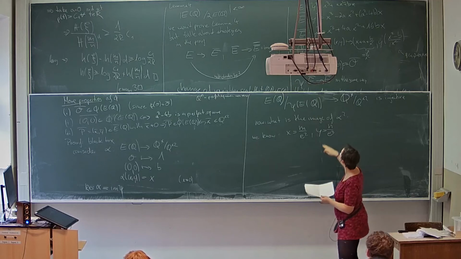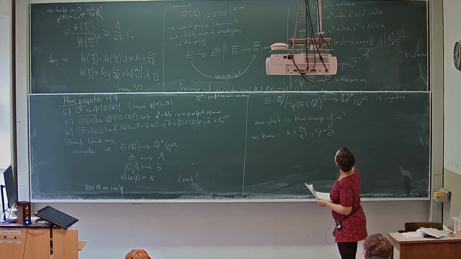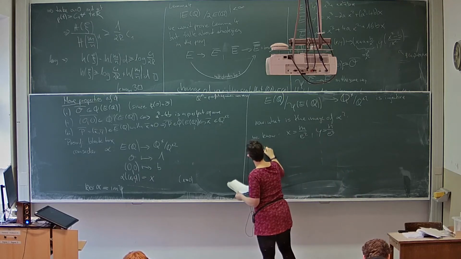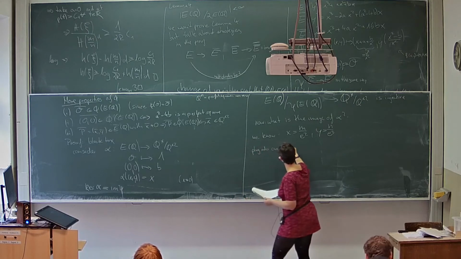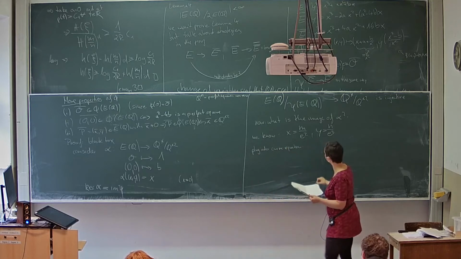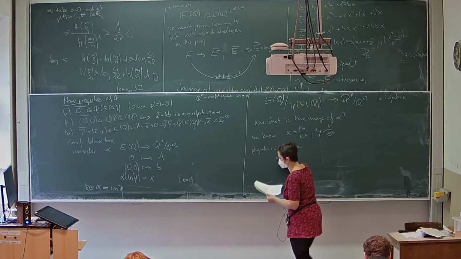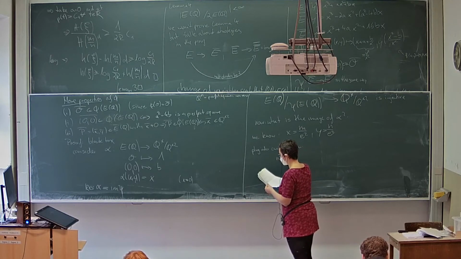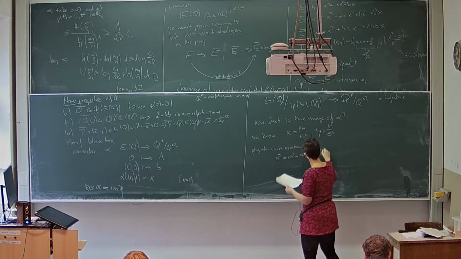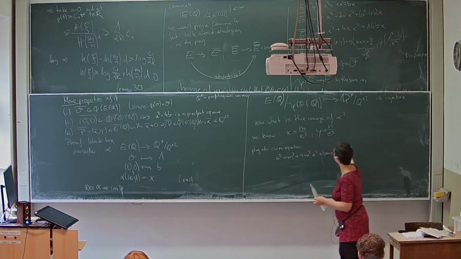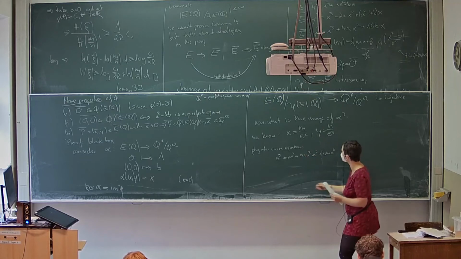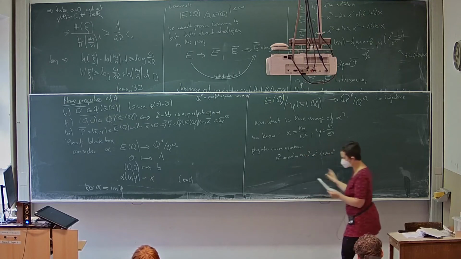And now we can just plug this into our equation of the curve. And we get, well, after we multiply with e to the 6, probably, okay, we get this.